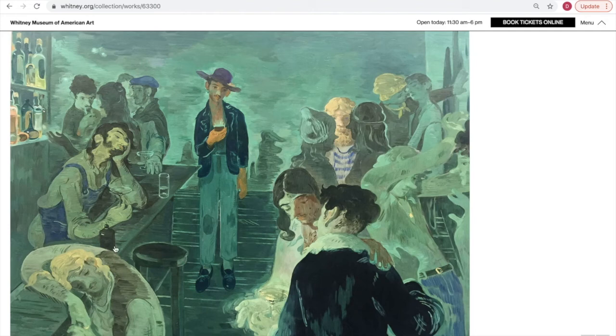There's lots of greens, and it seems like they're kind of emphasized and exaggerated for expressive effect. There's also some distortion of form, like in the way that this person's back is curved. And I think this is to perhaps describe a feeling of being tired. Okay, so it's painted, I would say, in an expressionistic way.